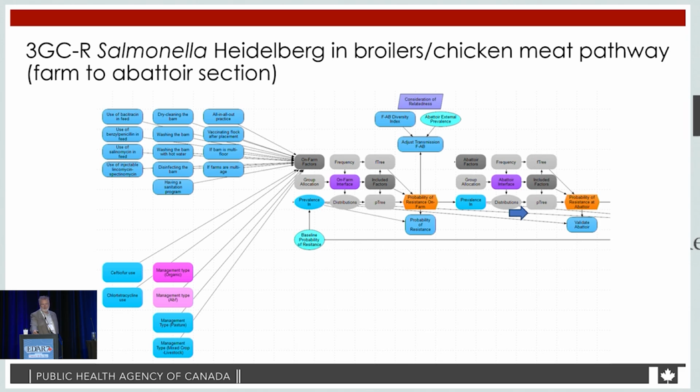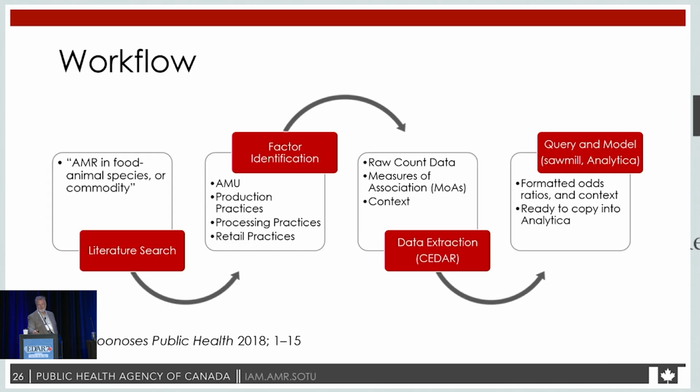This is just the farm to abattoir section of the 3rd generation cephalosporin-resistant Salmonella Heidelberg pathway in broiler chickens. On the left are the factors that influence the occurrence on farm, leading to the orange node, which is the probability of occurrence on the farm. Then there's a bunch of slaughter plant factors leading to the slaughter plant on the right, and then that goes on to retail and on to human exposure.